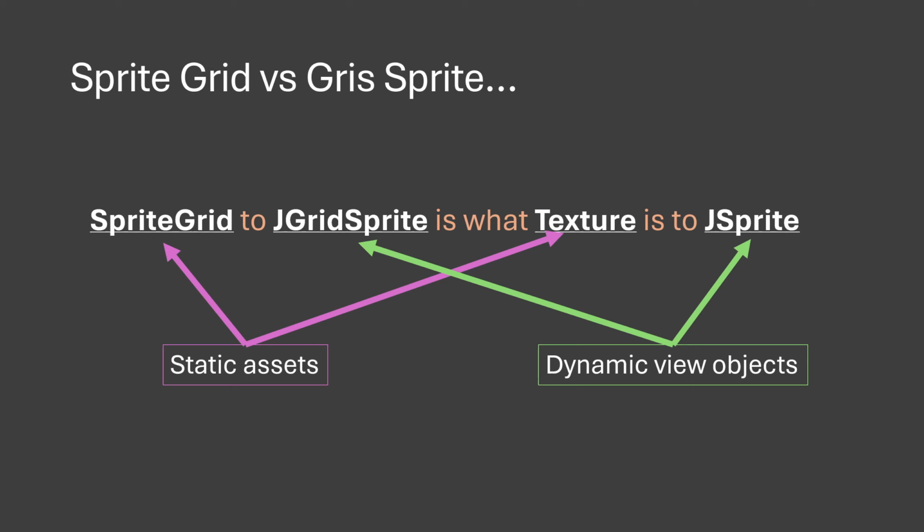Think of it as an actual view that feeds on the static assets like sprite grids. So that's about it. There's not much more that needs to be said here. So let's go to our Visual Studio Code and see what's what.